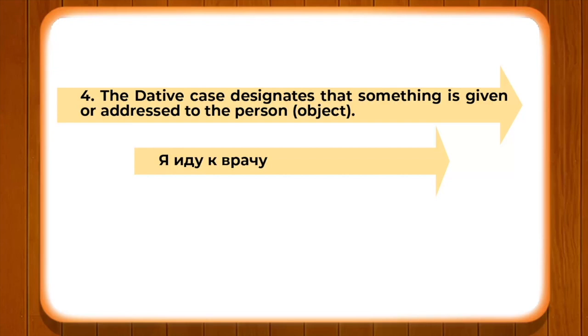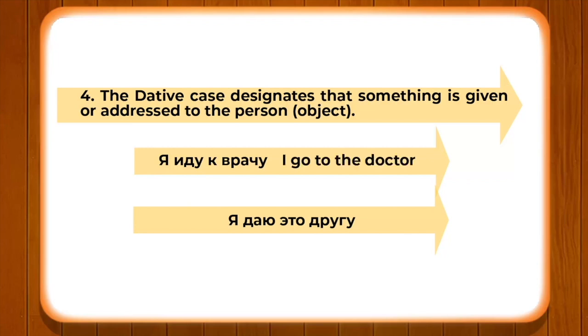Я иду к врачу. Я даю это другу. So here in this case, if you see, we have used the глагол or the verb of motion идти. So I am going towards whom? I am going towards к врачу. К врачу. So I am going to the doctor. So whenever we use this expression of к, it is in dative case.